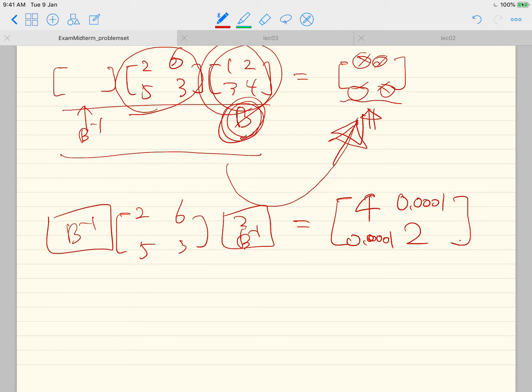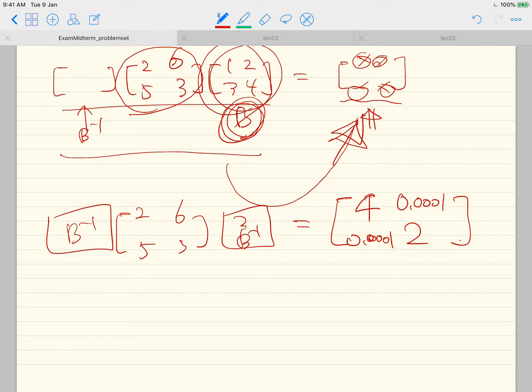So in this case, we can intuitively think that our eigenvalues are really close to 4 and 2, right? So this is the main idea of an iterative algorithm to find the eigenvalues and eigenvectors.